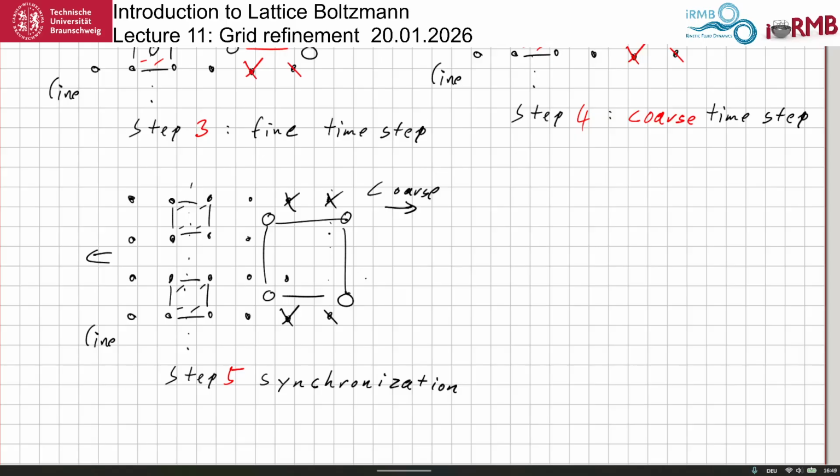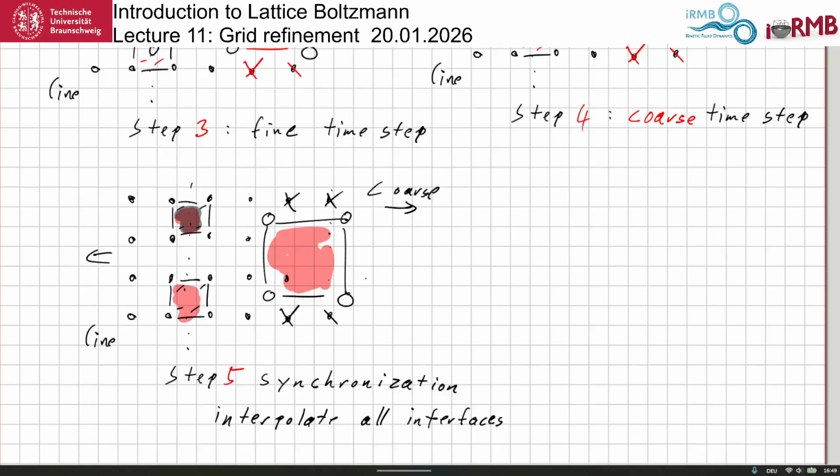Synchronization. This means we interpolate all interfaces. And this means we are filling, with a different color, these things here again.